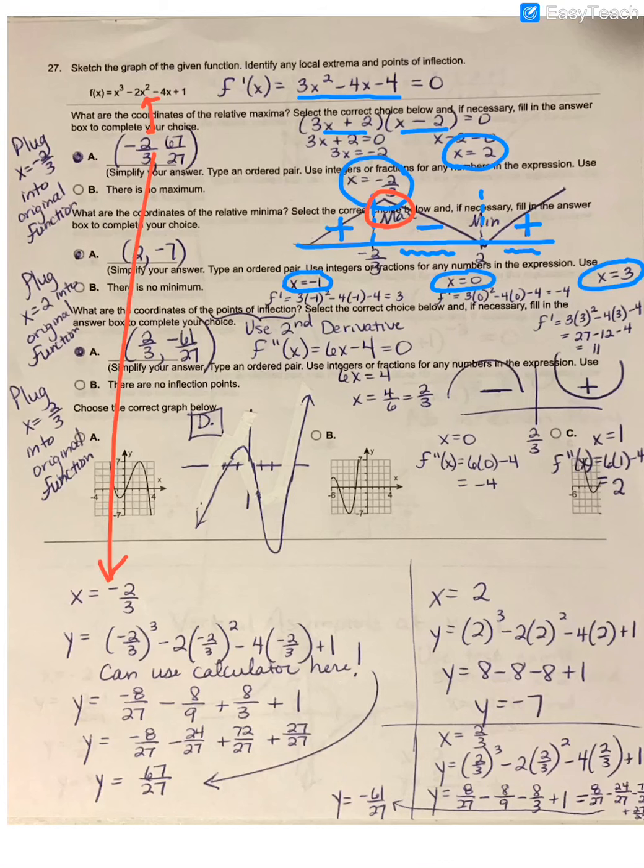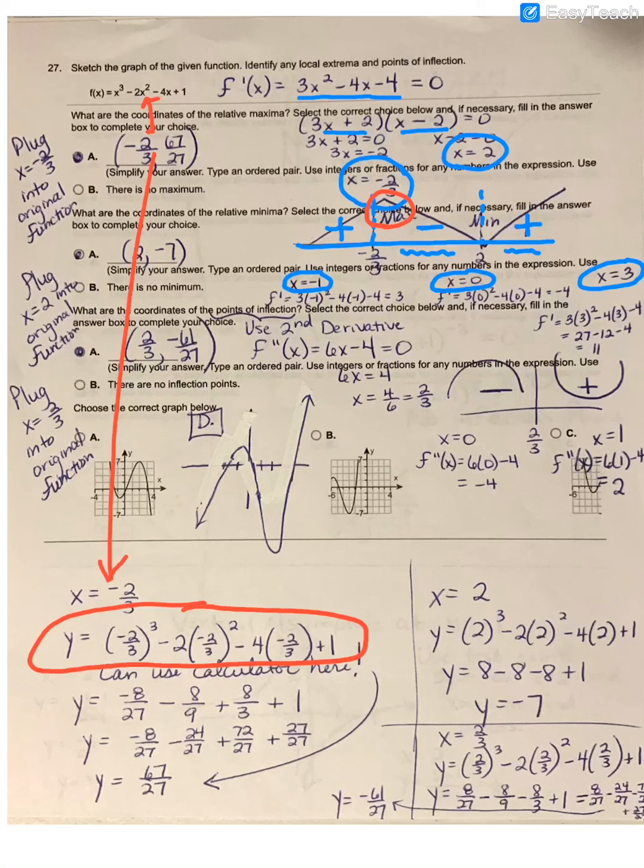I do not care if you punch it out on a calculator, but if you do, at least show me this part where you plugged it in. I went ahead and did it all by hand, just because, but definitely show me what you would be plugging into the calculator to get that y value.